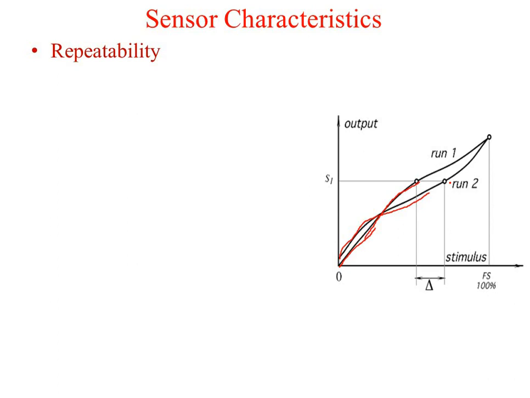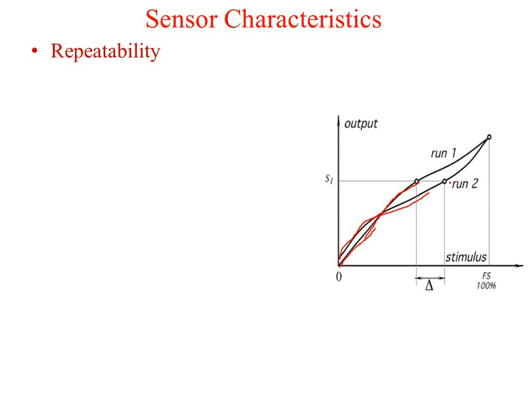So we should consider that you should get the output in a particular range only. That means the expected error, that is the delta, should be minimum and within range. Then and only then can you say that your output is repeatable.